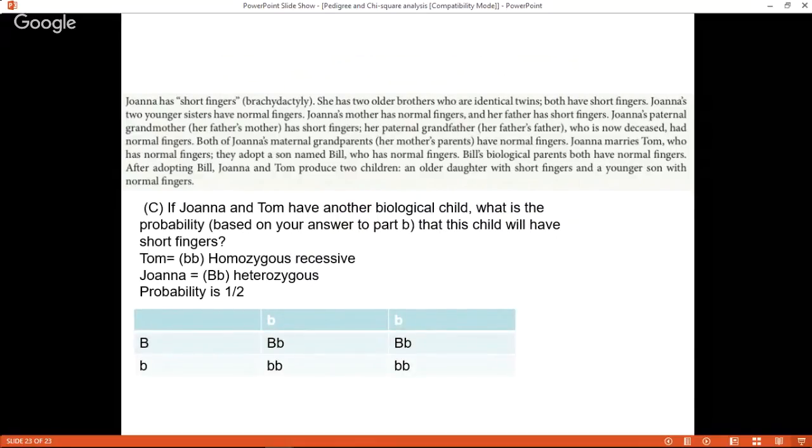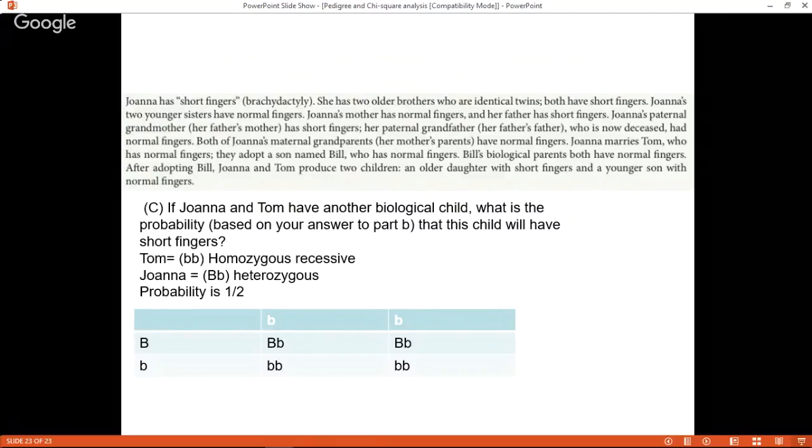If Joanna and Tom have another biological child, what is the probability that this child will have short fingers? So we saw that the dad, Tom, had normal fingers, so he would be lowercase b, homozygous recessive. Joanna had the gene for short fingers, so she would be heterozygous dominant.